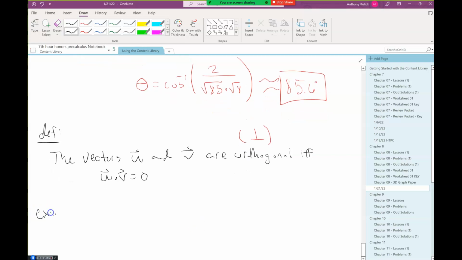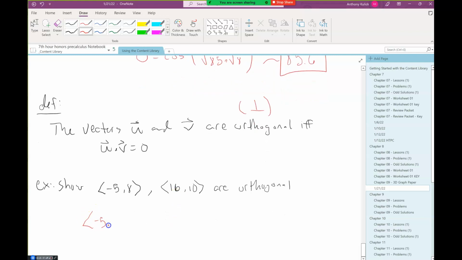So for example, if we wanted to show that, say, the vector -5, 8 and the vector 16, 10 are orthogonal, all we're going to do is do the dot product of the two vectors and show that we get 0.